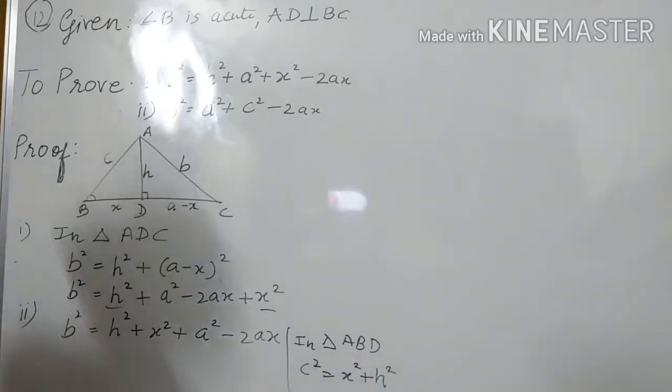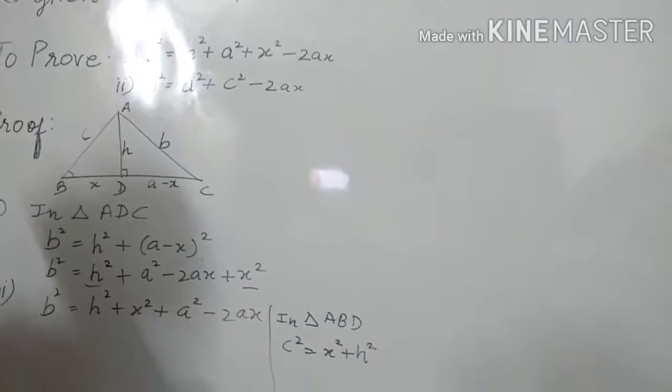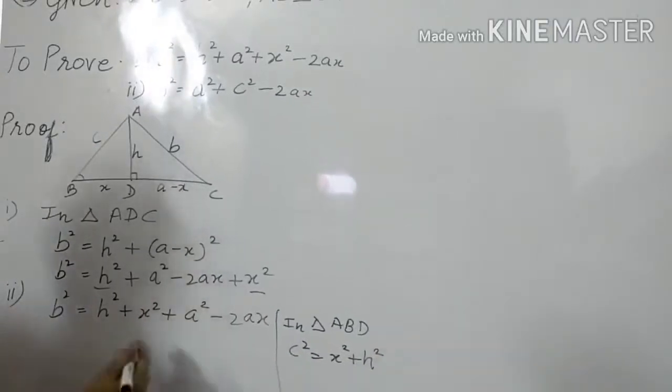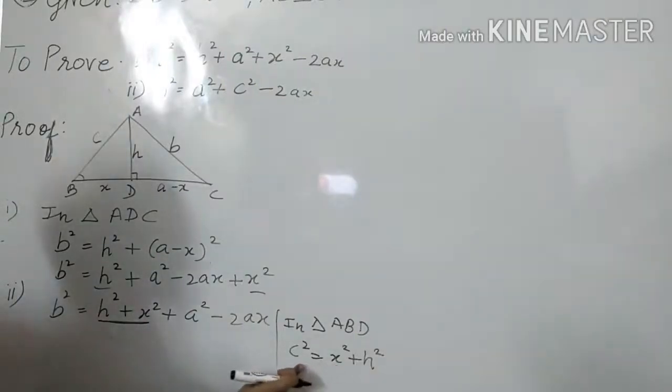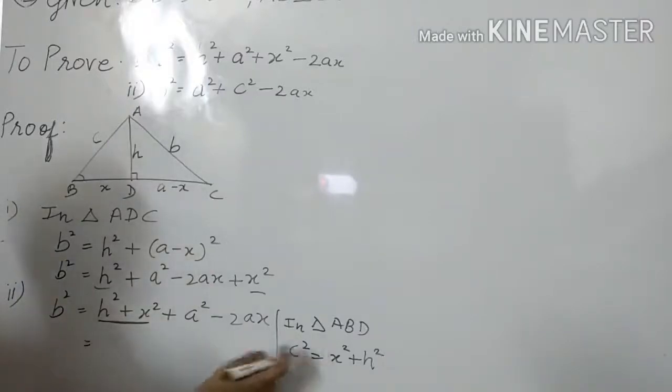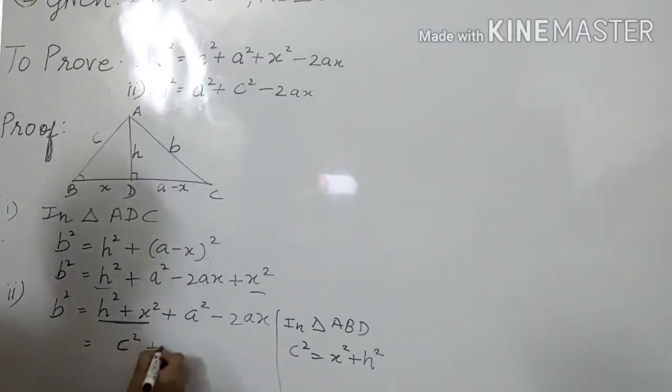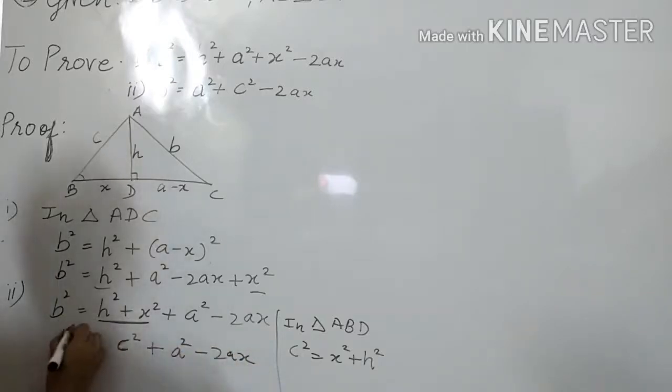You can see that c square is equal to x square plus h square. So what is this h square plus x square here? That is nothing but c square, which I have written here. So I will place the value c square instead of h square plus x square, plus a square minus 2ax as it is. So here the second result is also proved.